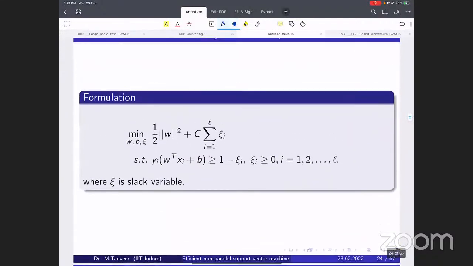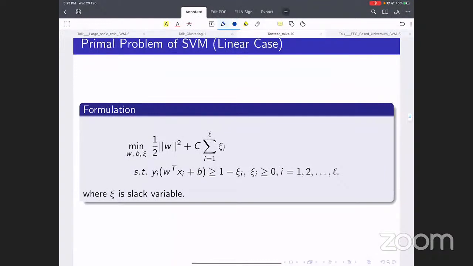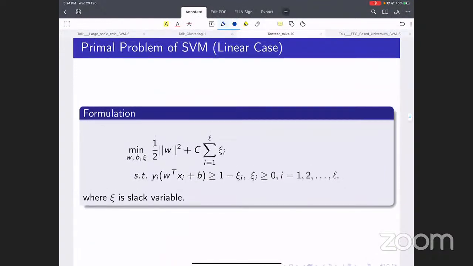Let me see the linear formulation, which we already discussed. So how to solve this problem? We are minimizing W, plus since it's a soft margin, misclassification errors are there.